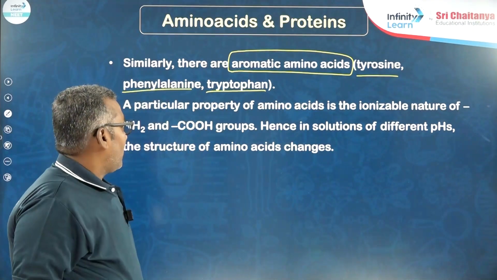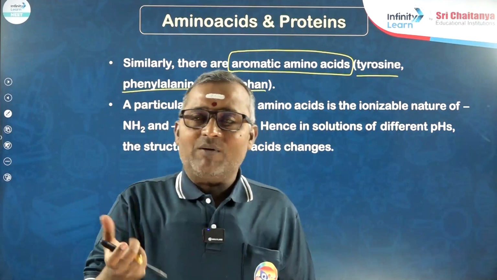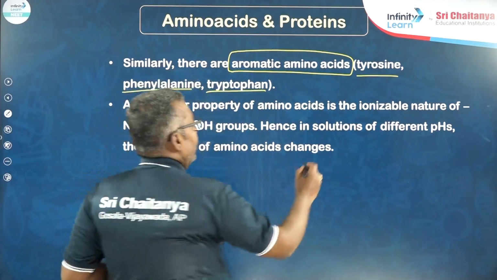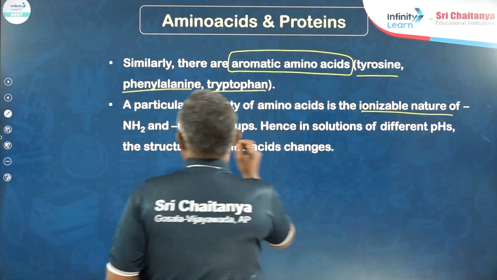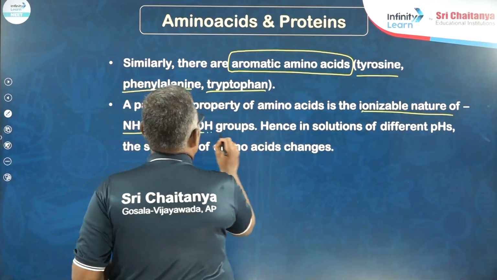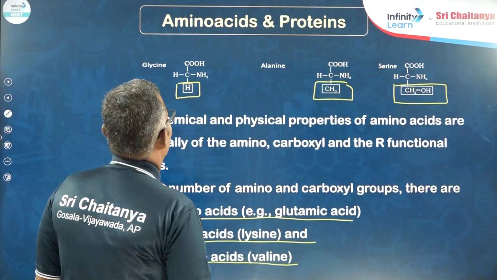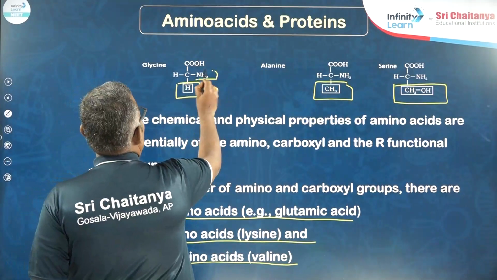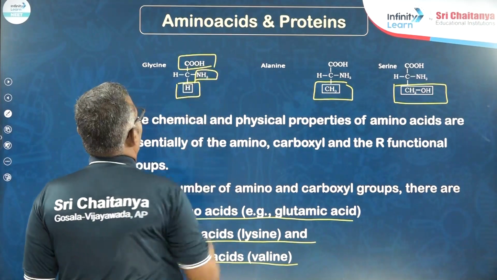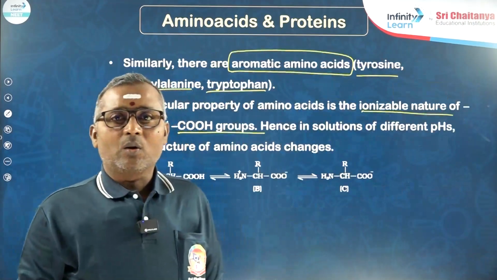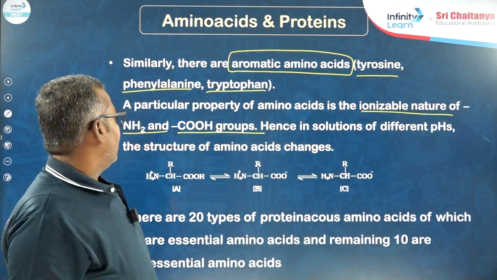Another most important property of amino acids is the ionizable nature of the NH2 group and COOH group. The NH2 group and COOH group present in the amino acid have the ability to undergo ionization.